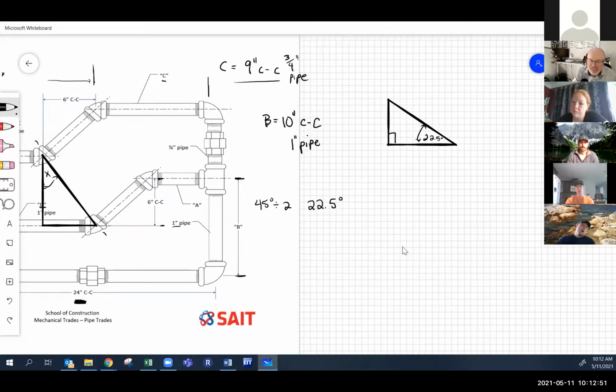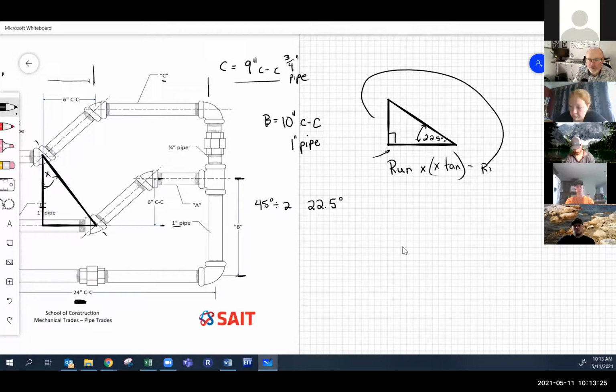So I want to tell you that anytime we have a 22.5 degree angle, or for that matter, any right angle triangle with an angle there, you will take the run, and that's this measurement. The run is this line, and you're going to multiply it by the tangent of that angle, and that would equal the rise.